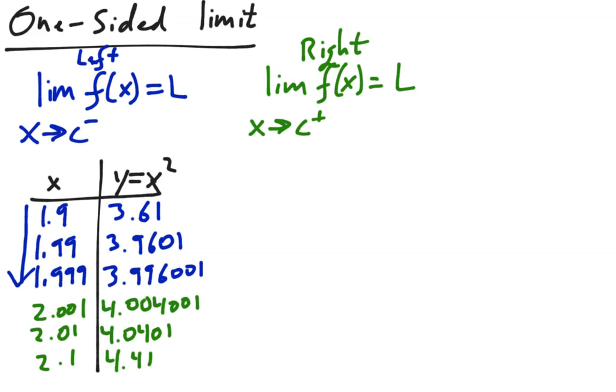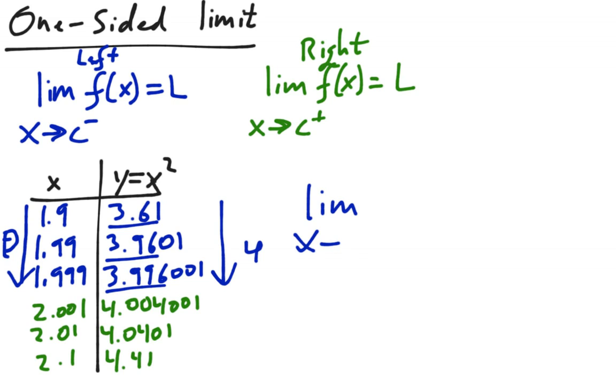And the blue numbers 1.9, 1.999, etc. are approaching 2 from the negative side, from the left. So this is that left side limit, and we can see that the left side numbers here, the y values, are all approaching 4 like we suspected. So we can say that the limit as x approaches 2 from the left of x squared is 4.